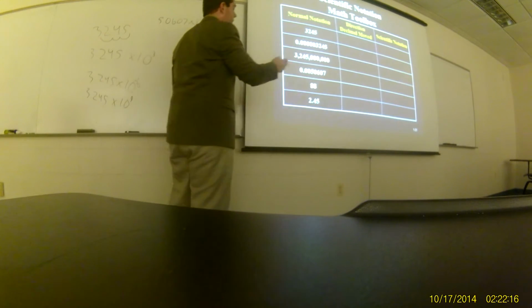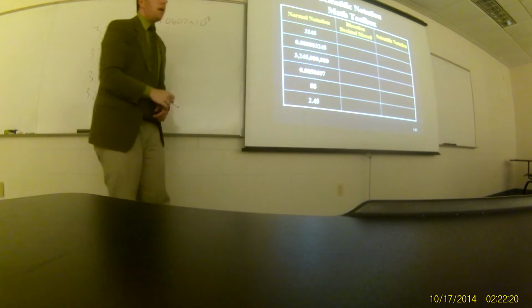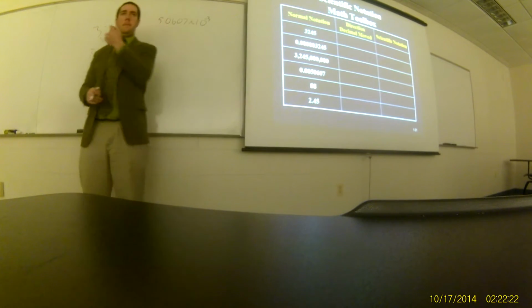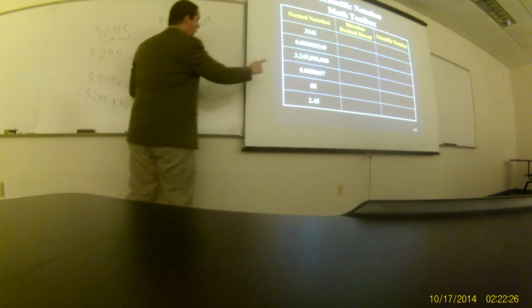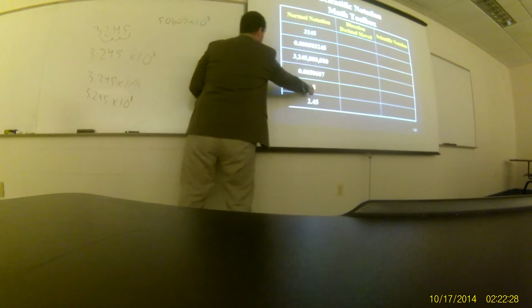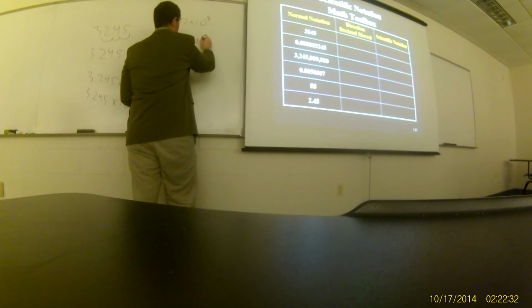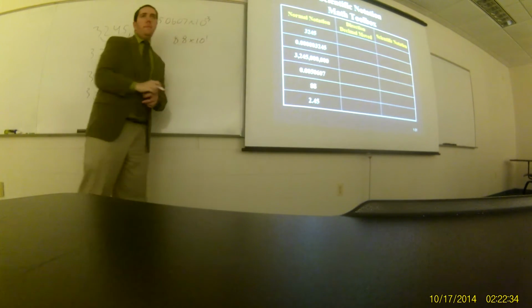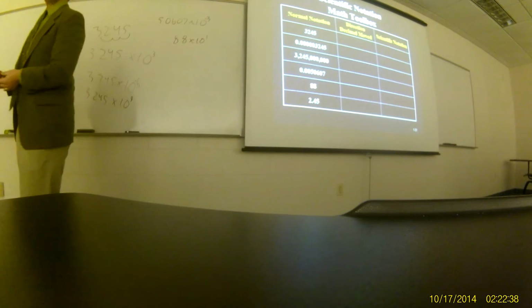Then because we went to the right, it is negative 3. What about 88? 1 to the left. We're going to go 1 to the left, from here to here, and so you get 8.8 times 10 to the 1.